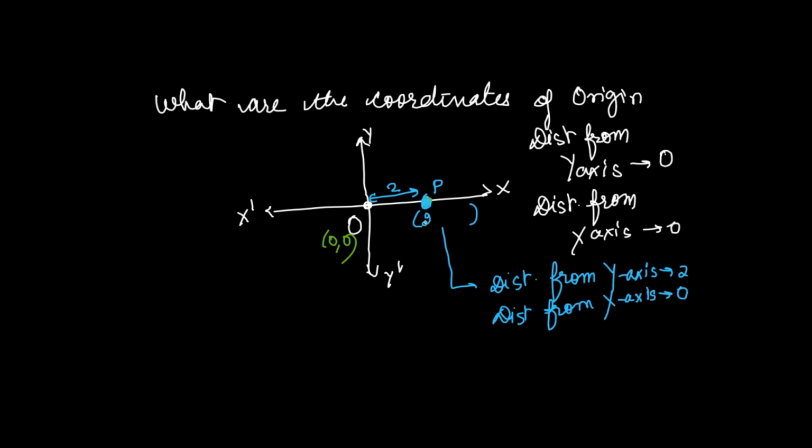So the coordinates of P are (2, 0). Okay. Similarly, if we have a point, say Q here on the y-axis, its distance from the x-axis is, say, negative 3, since this is negative y. So the distance from the x-axis is negative 3 and the distance from the y-axis is 0 because it's lying on the y-axis itself.